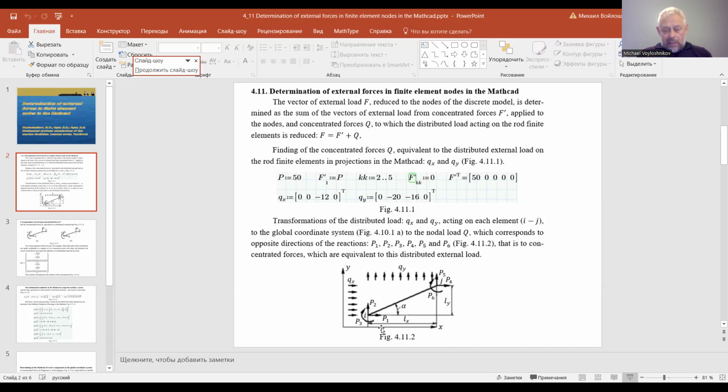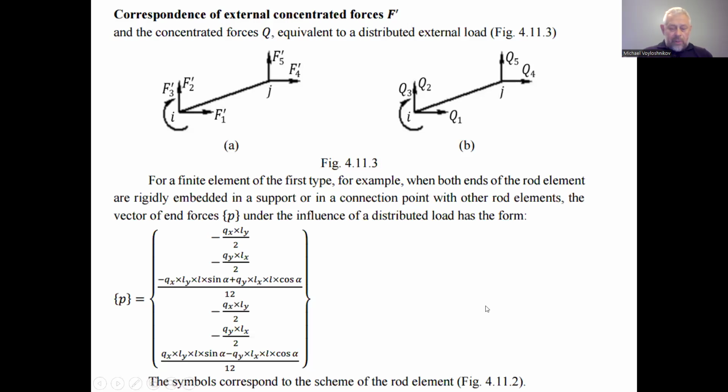For force in another direction, we have to consider the component of the mechanical system finite element. And for the finite element of the first type, let me remind that we consider 4 types of finite elements of the mechanical system.